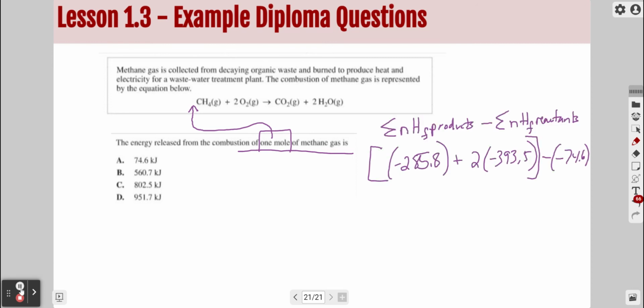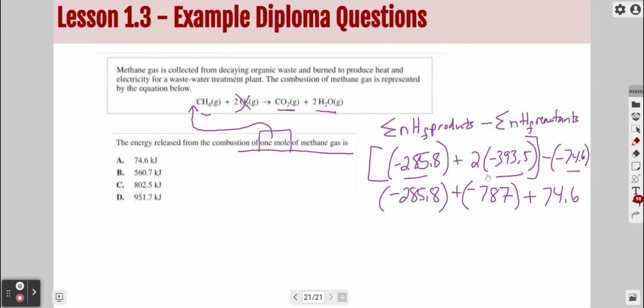All right, hopefully you went and tried this one. If you set this up correctly, here's your formula, where your heats of formation of the products minus the heats of formation of the reactants are all added up. Your carbon dioxide is here, and you have 1 mole of it. Your water vapor, or gas, is here, and you have 2 moles of that. And then your methane, you're going to subtract the methane heat of formation, and you have 1 mole of that. And oxygen is 0, so we ignore it. Just doing the next step from the calculation, multiplying 2 times negative 393.5, and have that here.